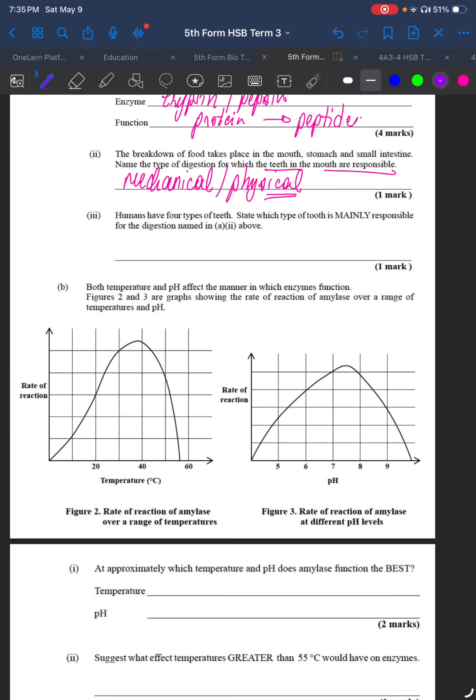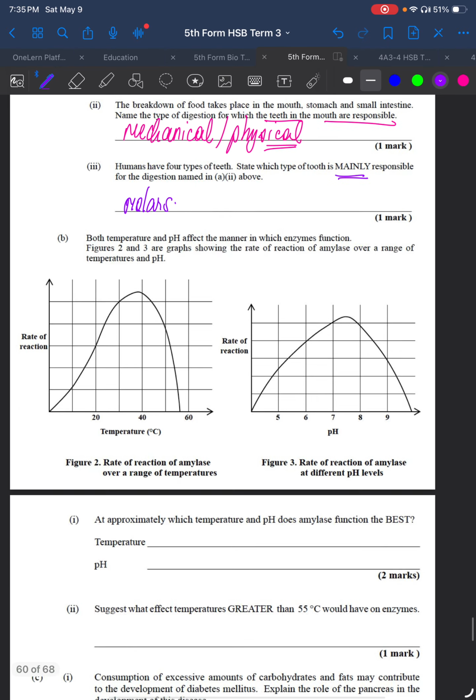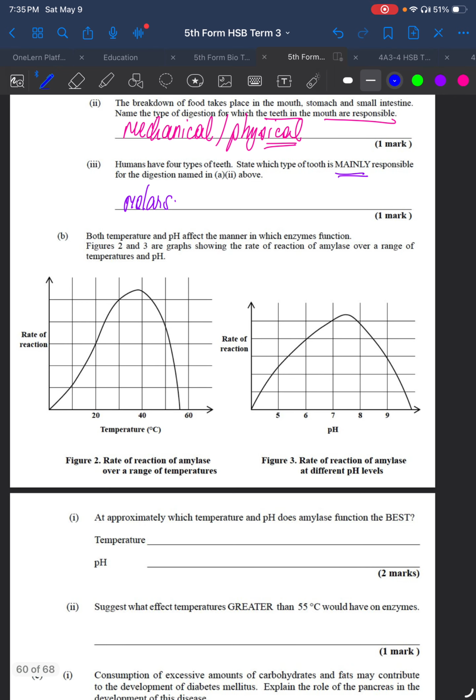So if they're really talking about breaking them down into smaller pieces, your incisors and your canines don't really do that, right? They just tear it off. So the one you're going to look at, mainly, I would go with the molars at the very back of the mouth.